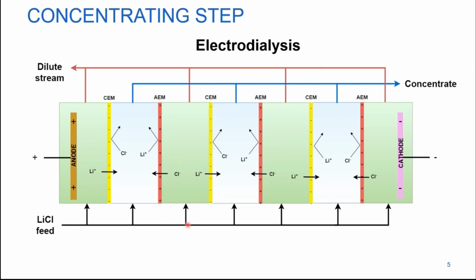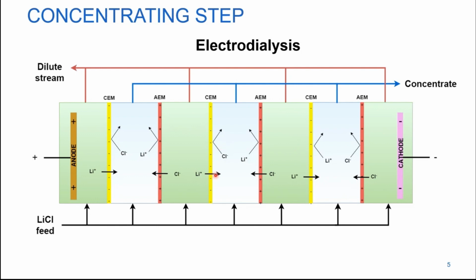And you're going to insert it into all the different compartments, and you're going to apply a current. And all the positively charged ions, so lithium, they will migrate towards the cathode in this direction. But they will migrate over the cation exchange membranes, but they will be blocked by the anion exchange membranes. So what you will see, this is wrong here, an error, sorry.